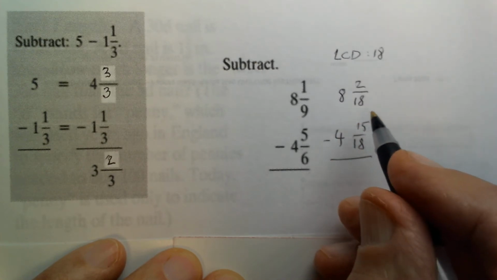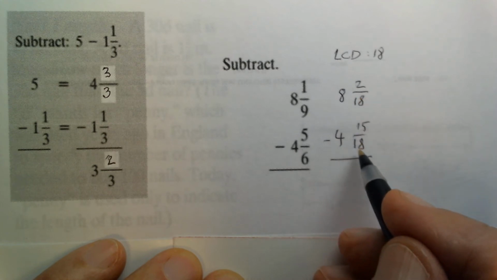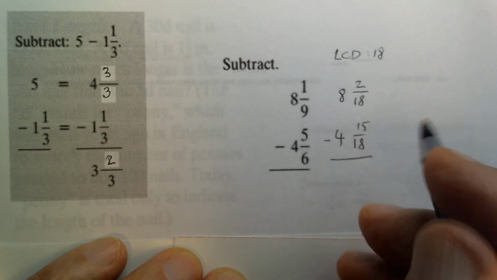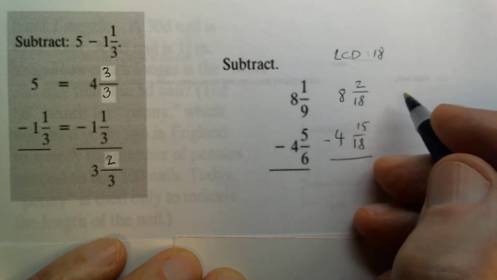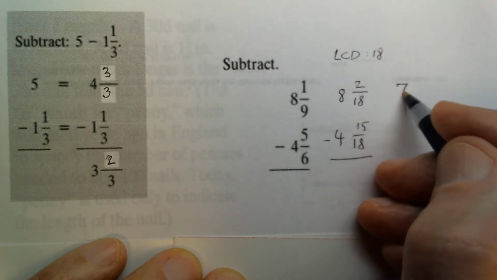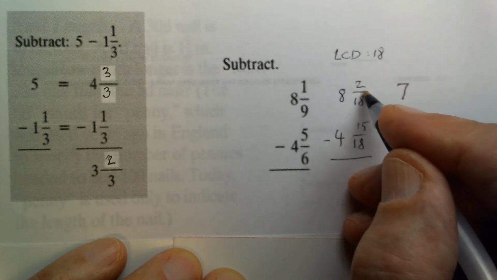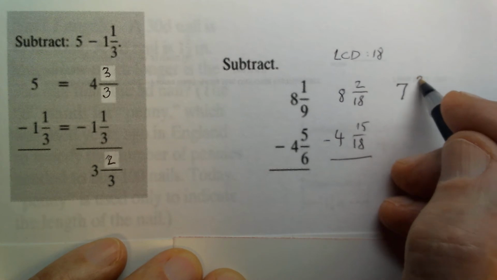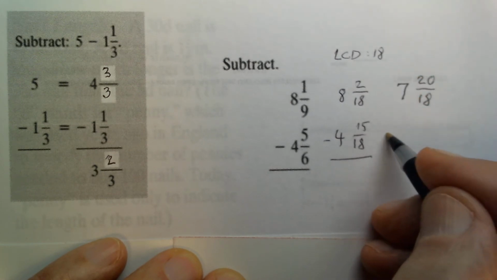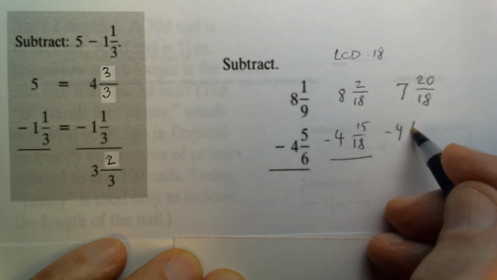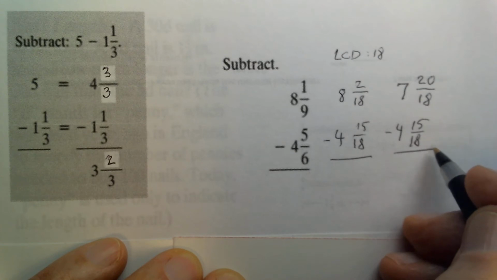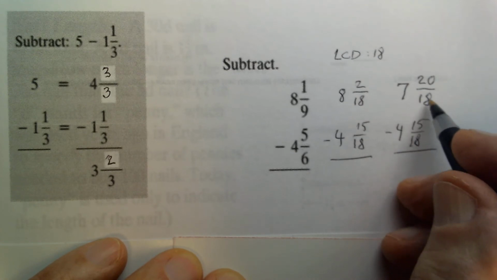But now we notice that 2/18 is less than 15/18, so we need to rewrite 8 2/18 by borrowing a whole number from the 8, so it'd be 7, and 18/18 plus 2/18 is 20/18, minus 4 and 15/18. So now we can perform the calculations.